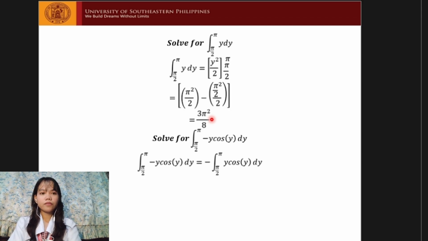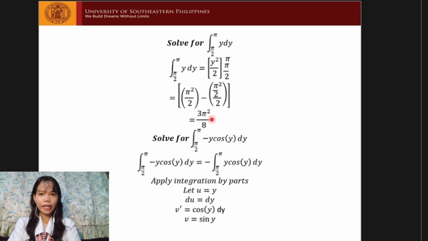So, we are going to let u be an expression and also v prime. For this one, we let u equal y. So, the derivative du equals dy. For our v prime, we will have cosine of y dy.